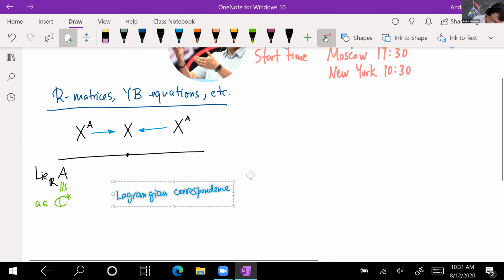Here I first cross 1 and 2, so maybe I first cross this wall, then I cross this wall, and then I cross that wall. And here I do it in the opposite way: cross this wall, that wall, and that wall. Okay. So the Yang-Baxter equation is equivalent to the fact that crossing these 3 walls is the same as crossing these 3 walls.